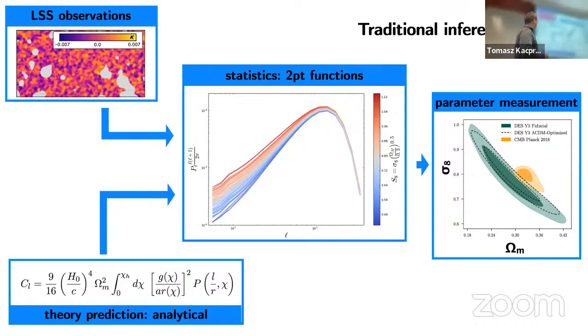The nice property of that is that if we have a 3-dimensional P of k, so a 3-dimensional power spectrum, we can predict our 2-dimensional projected map power spectrum by quite straightforward analytical integration. And of course, the nonlinear part of this 3-dimensional power spectrum has to be calibrated on simulations, but this is a much easier, more straightforward exercise than just using simulations themselves.